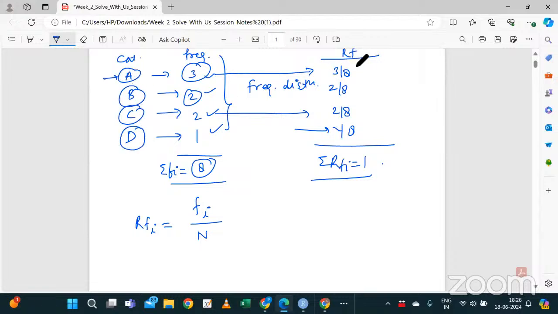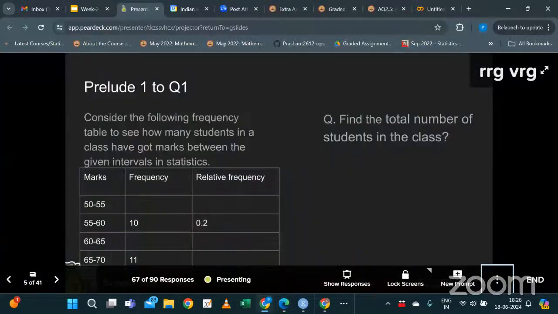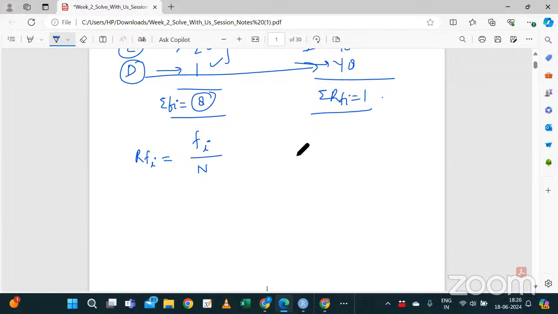As you can see, I can find the relative frequency for each category. And in our question, we are given the interval 55 to 60, where the frequency is 10 and the relative frequency is 0.2, right?